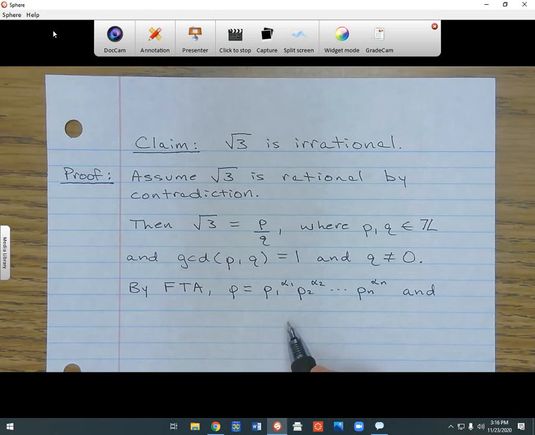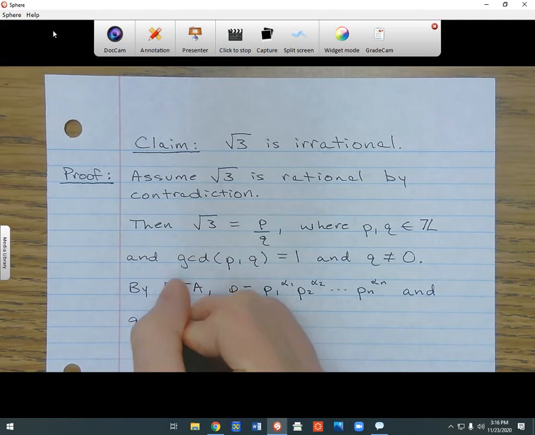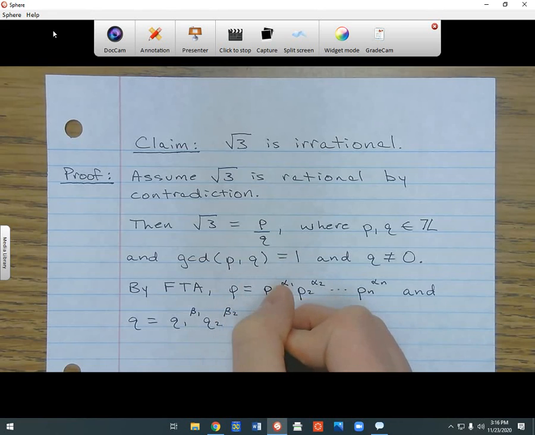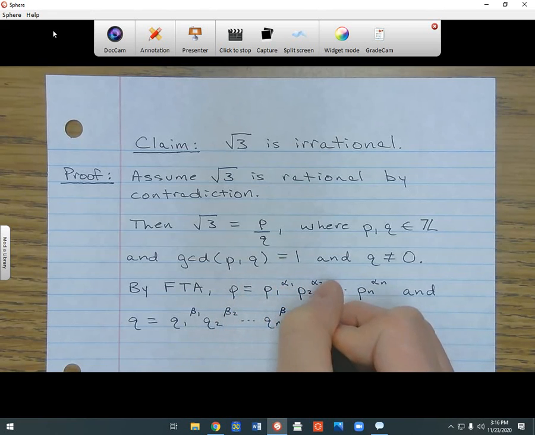But if we can do that for p, we can also do that for q, right? So I'm going to write q as q1 to the beta 1 power, q2 to the beta 2 power, all the way to qn to the beta n power.